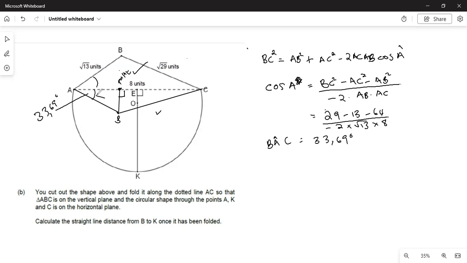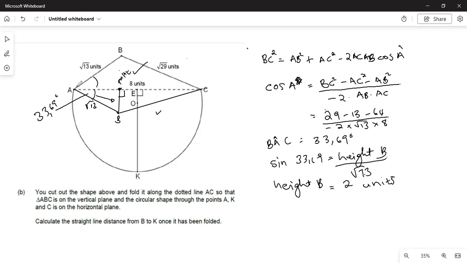We can use the sine ratio, as it's opposite that angle. Sine of 33.69 should give us the height of B over the square root of 13, which is that side. And this will give us that the height of B is equal to 2 units.